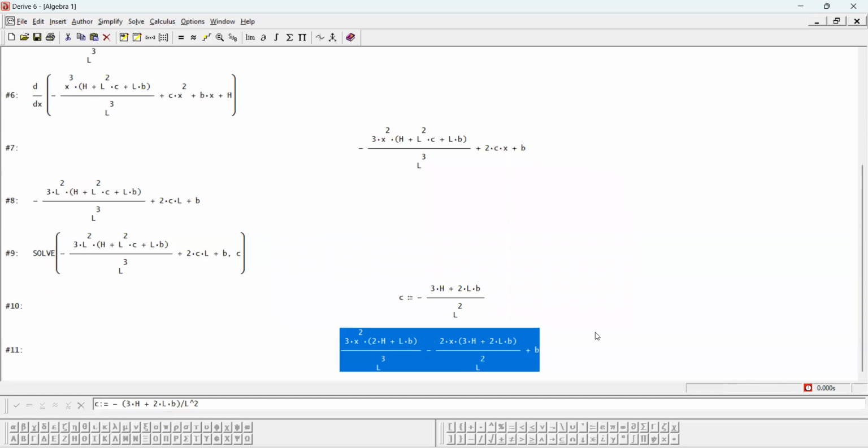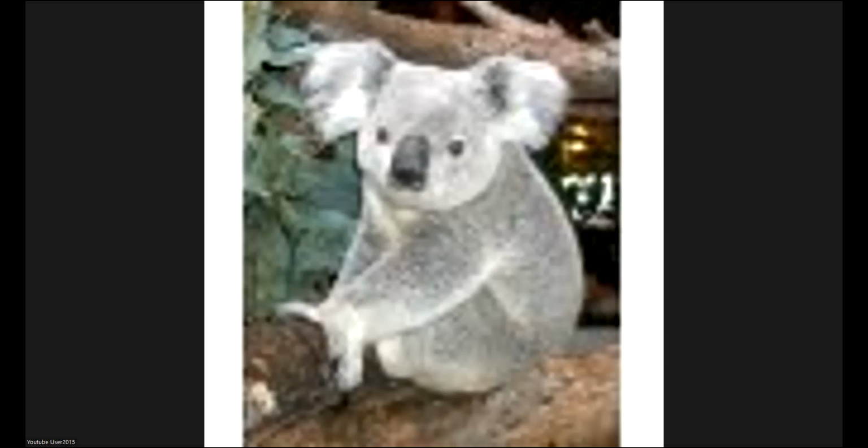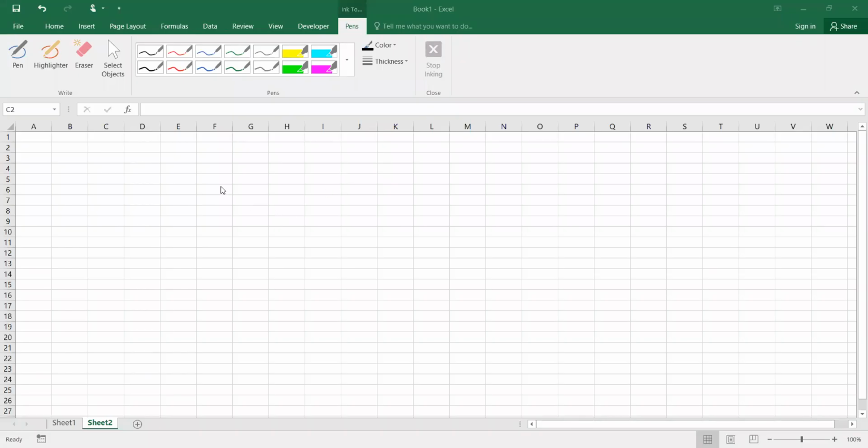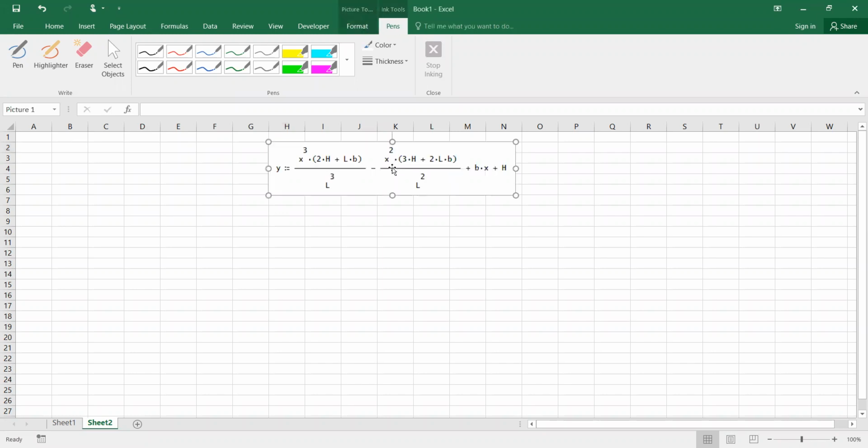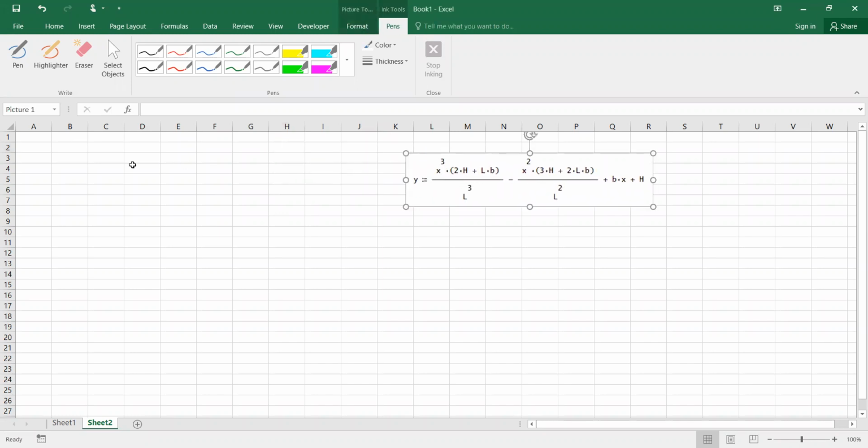Okay, now I should go to Excel and put this into Excel. This is the form of the equation.